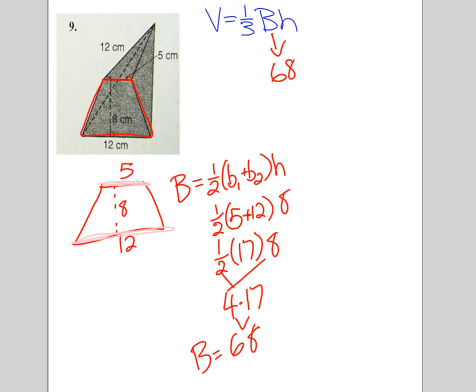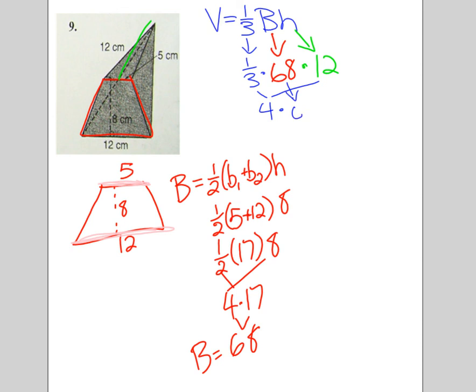So then the height of this is not 8. Remember, the height of the whole pyramid is 12. So we could do 68 times 12, or could we take 1/3 of 12? 1/3 of 12 is just 4.